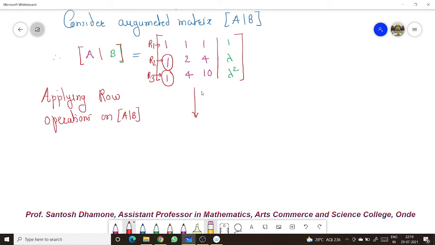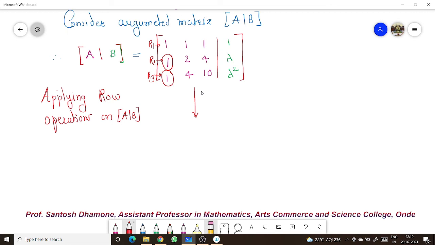We apply the operations 2R2 minus 7R1, and the next operation is R3 minus R1.